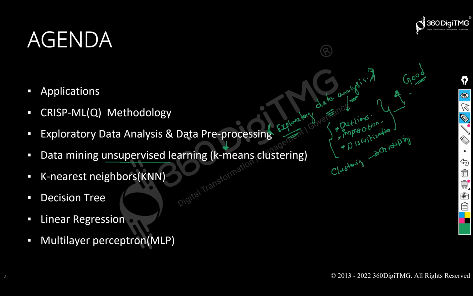So if the output variable is there, that is supervised, and if the output variable is not there, that is unsupervised. Maximum data points are unsupervised data.